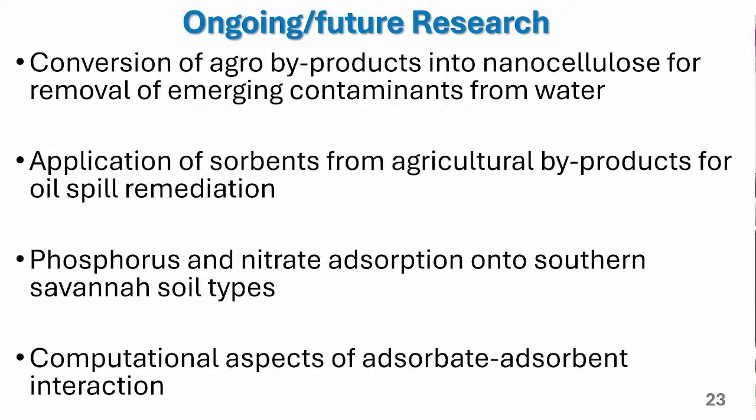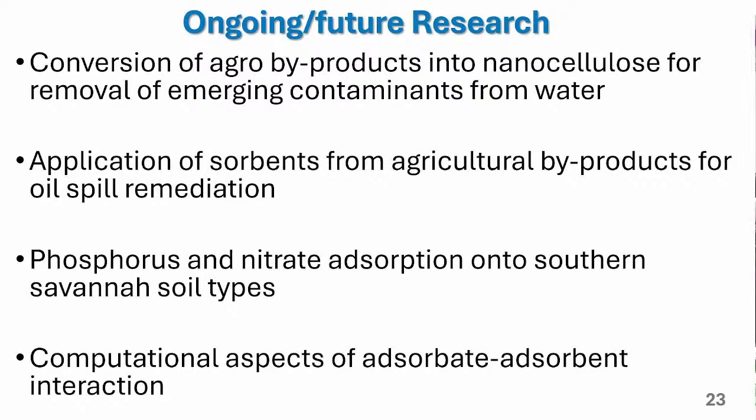There are two important research projects going on, which are the conversion of biomass, agricultural byproducts into cellulose as well as nanocellulose for removal of emerging contaminants. In the society, in this ecosystem nowadays, there are countless emerging contaminants that will lead to one environmental problem or the other.